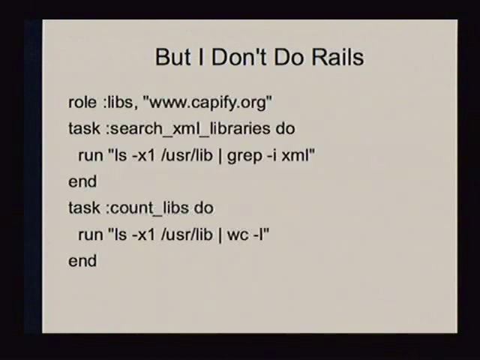So maybe you're not a Rails guy. Maybe you want to deploy something else using this. Maybe you have a bunch of server maintenance tasks that you run every Friday and you'd rather go to the beach instead. Capistrano can still really help you out. It is not tied to Rails in any way.